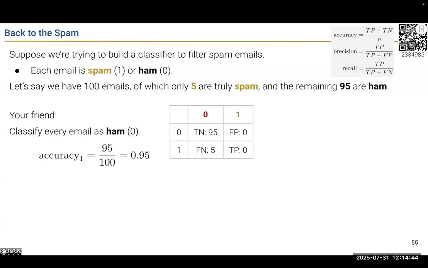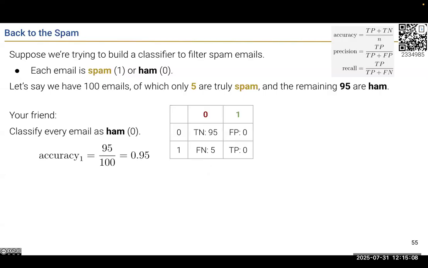But let's go back to our spam example. We just said accuracy could be somewhat of a misleading metric here. What about precision and recall? Well, for the first classifier, where you classify every email as ham, all of your predictions are 0, so everything is going to be in this column. What is the precision?